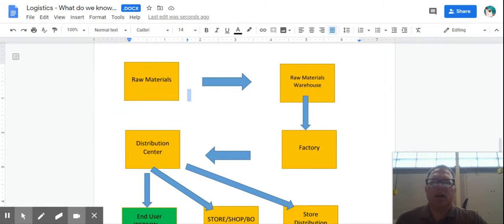Okay. One of the examples that I sometimes use is some sort of a product. Maybe we would talk about something like a can of corn. If you were talking about a can of corn, you would have obviously raw materials that you would need in order to make the can of corn.